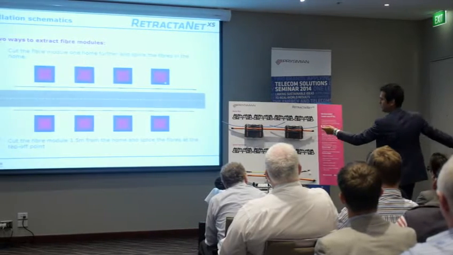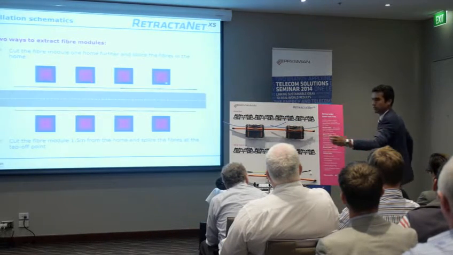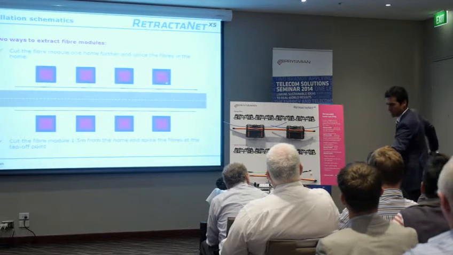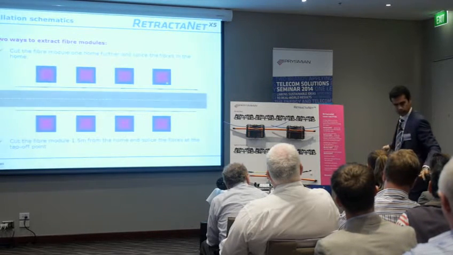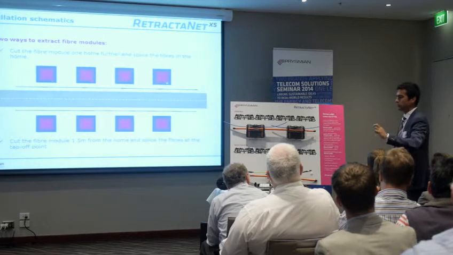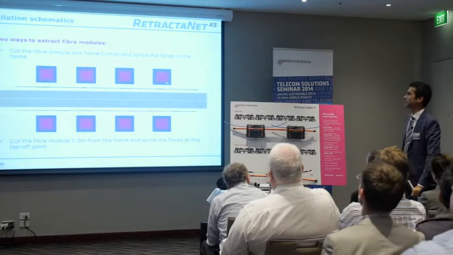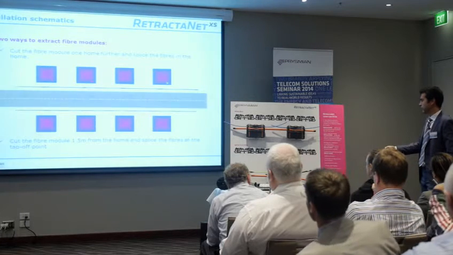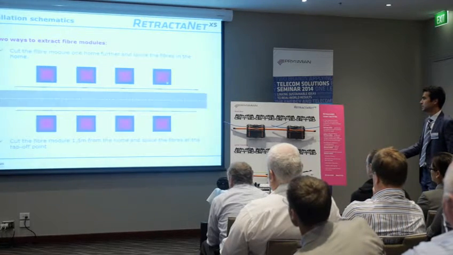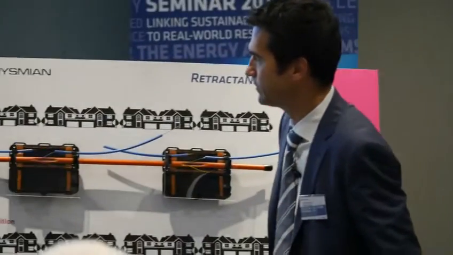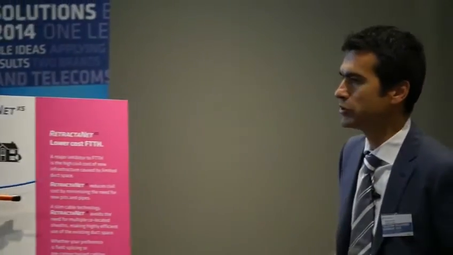Here you enter from one end, you don't need the second window, and you are able to cut your module at a distance of more or less 1.5 meters. The module is then retracted. You see there, the module is retracted. A drop cable at this time has to be installed from the home to the box, back there, and the splice and the connection is made here inside.